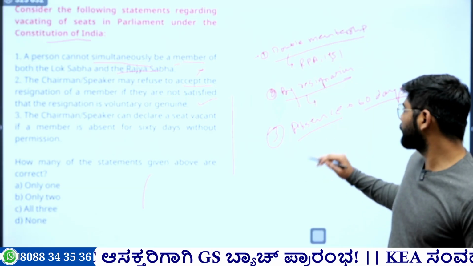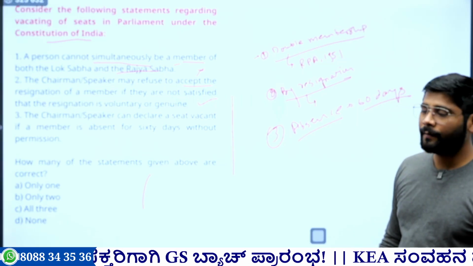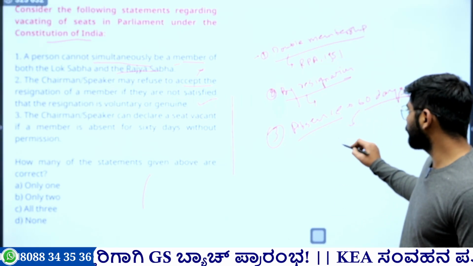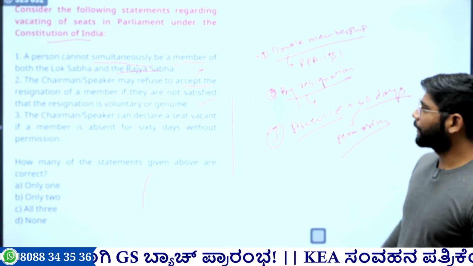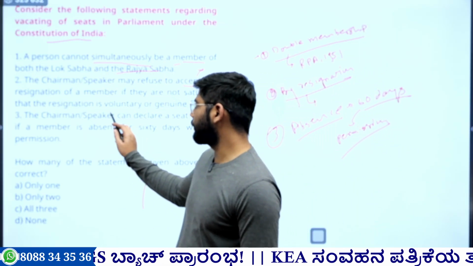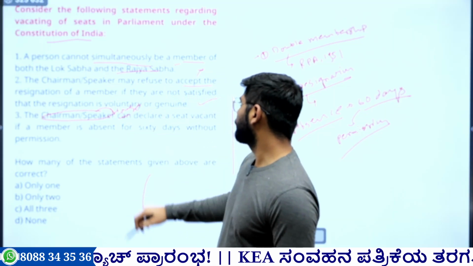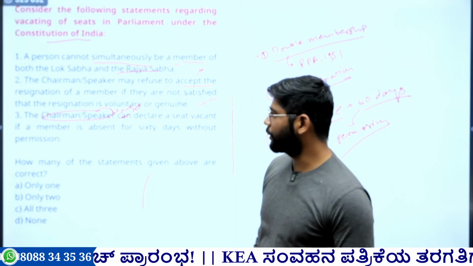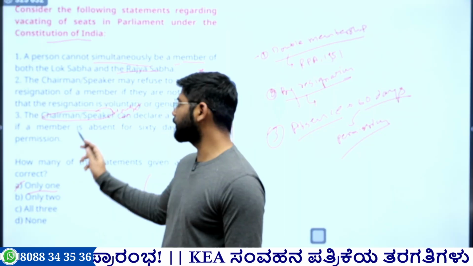But apart from this, if a person is absent continuously for 60 days and has not taken permission, then he must vacate the seat. But it is not the chairman or speaker, it is the house that will declare that the seat is vacant. Okay, not the chairman. So the third is also wrong. The correct one is the second statement only.